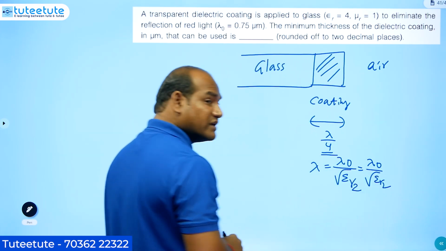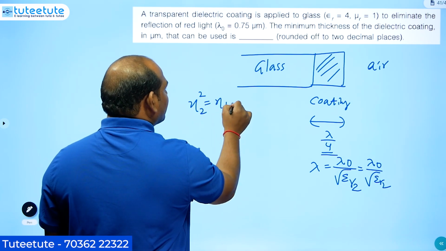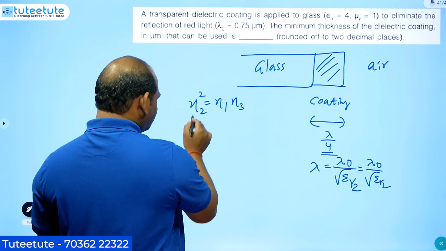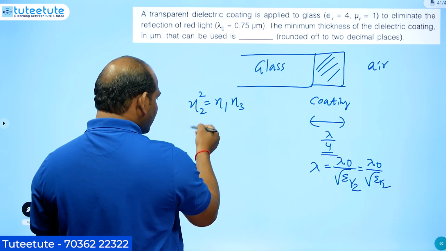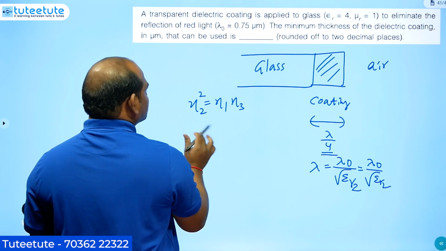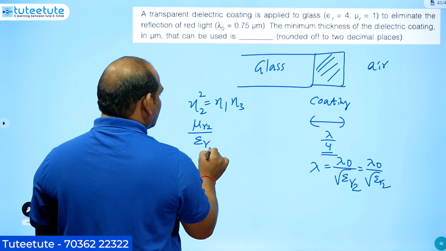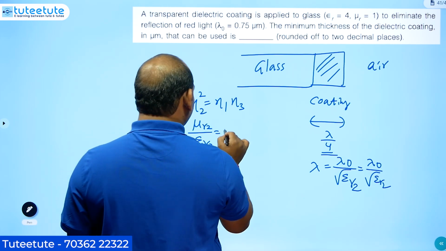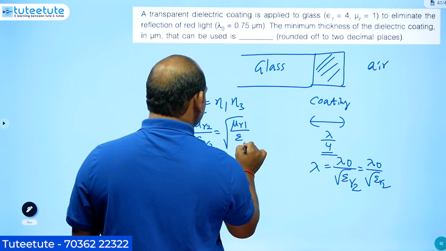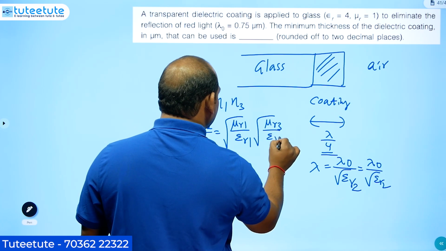Another condition we have is eta 2 square is equal to eta 1 into eta 3. Using this, eta 2 is root of mu by epsilon. The root will be cancelled using the square, so we can write mu r2 by epsilon r2 is equal to root of mu r1 by epsilon r1 into mu r3 by epsilon r3.